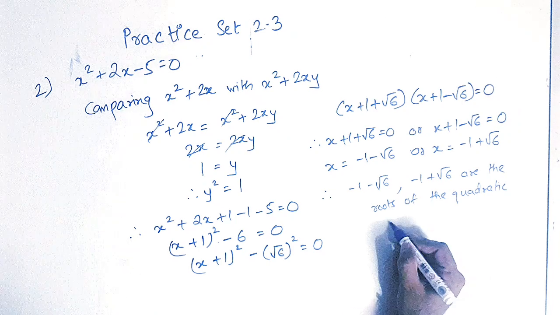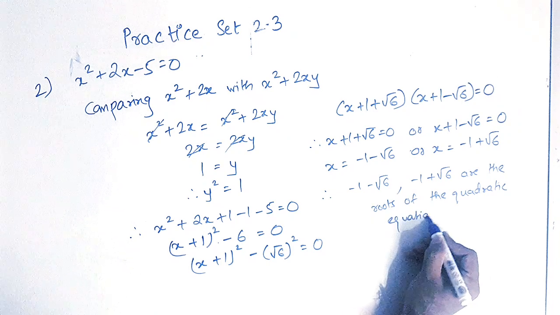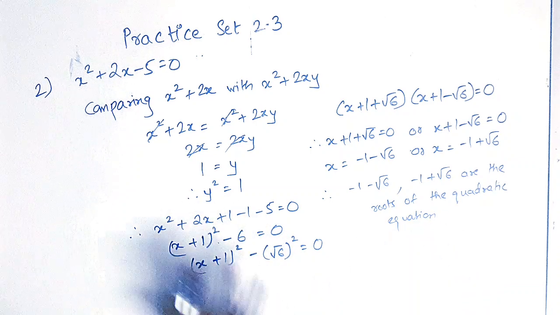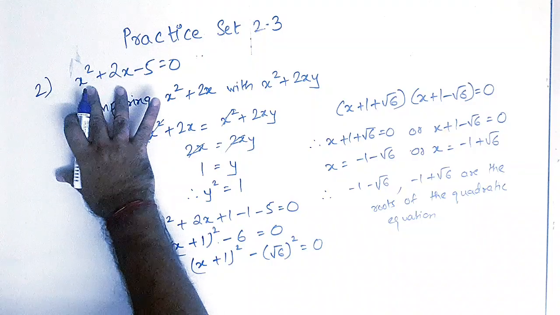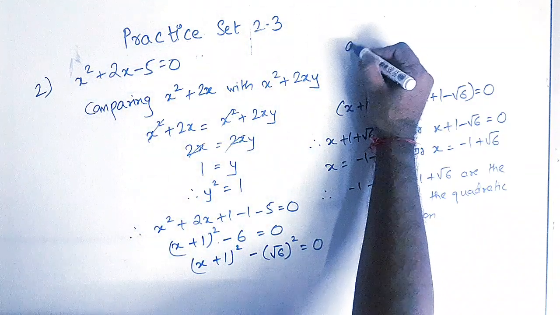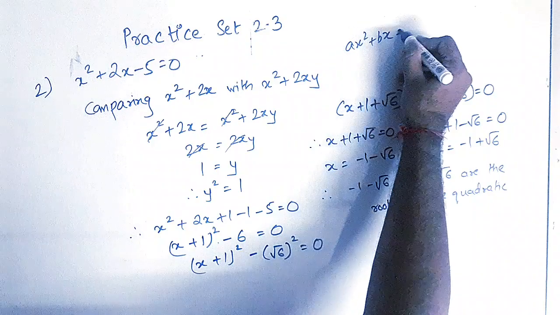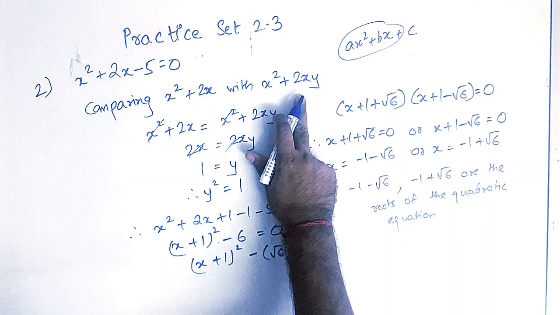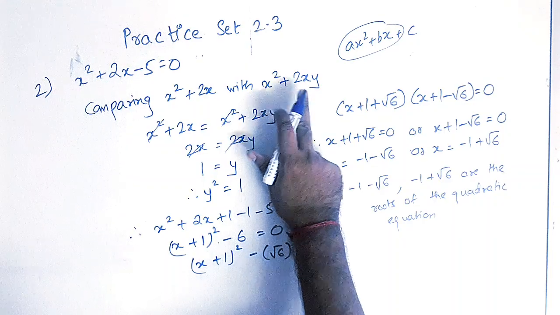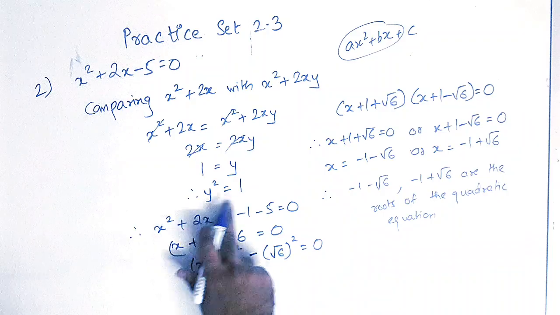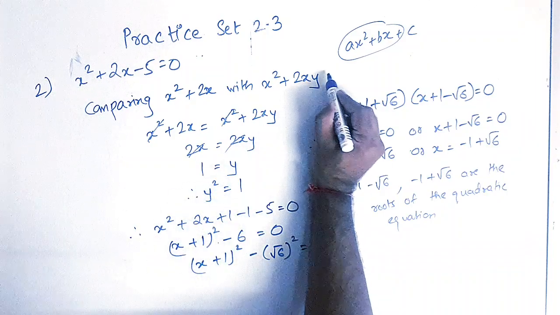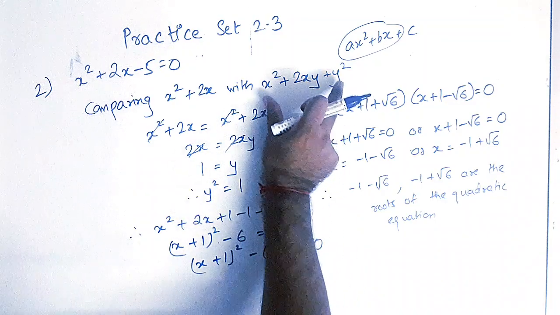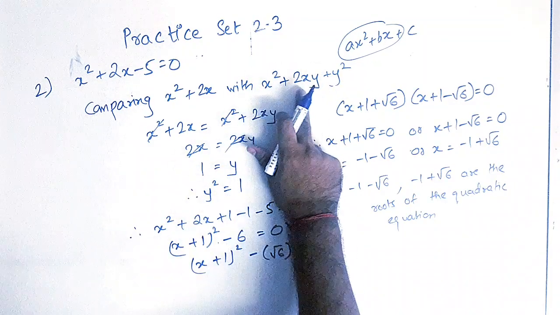Quadratic equation. Let us quickly revise this. This is the second sum we have done. What we do is we take the first two terms of ax square plus bx plus c, we take this and compare it with x square plus 2xy, so that we can get y square, because if we keep here y square, we know its formula is a plus b the whole square.